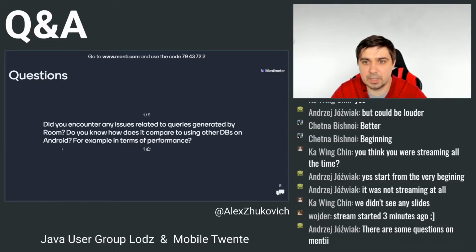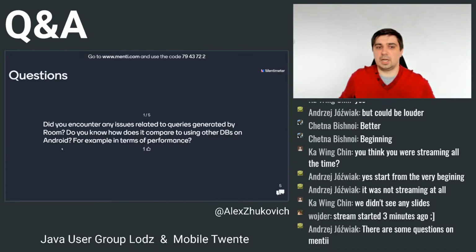In practice, about other databases, the performance of the SQLite database is pretty good for Android. I know that some time ago, Room had an issue with the LIKE operation, especially for string types.